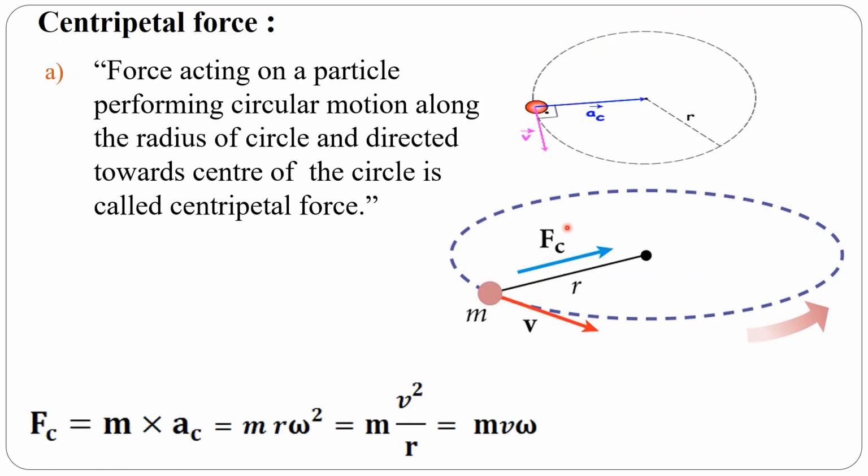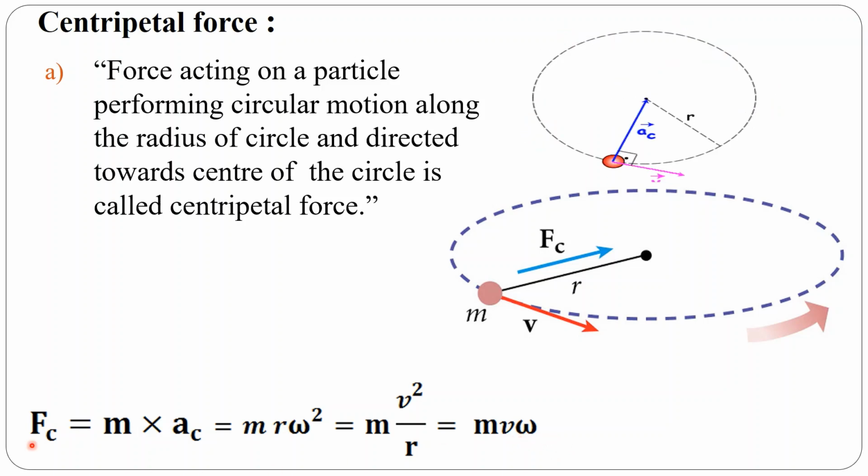So what should be the expression? As we know from Newton's second law, force is equal to mass into acceleration. Mass is m, and the acceleration associated with it is the centripetal acceleration. So force is equal to m into centripetal acceleration. As we know, centripetal acceleration is r omega square, or v square upon r, or v omega.